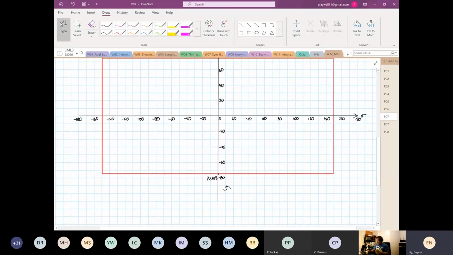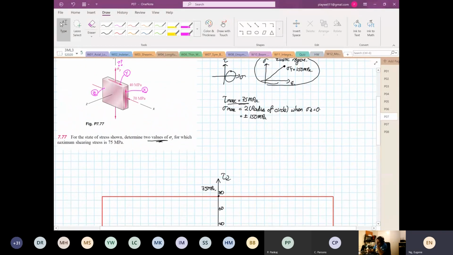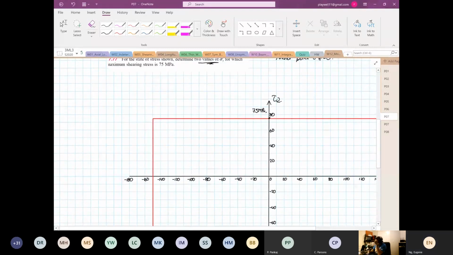And we know we have an anchor. The anchor point is where stress Z has to be equal to what? Zero. So this is our anchor point.